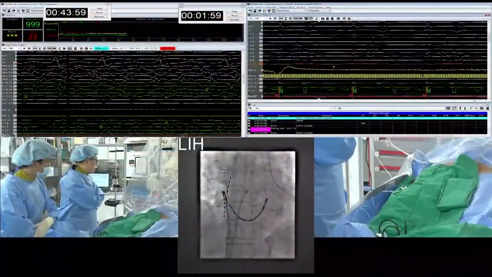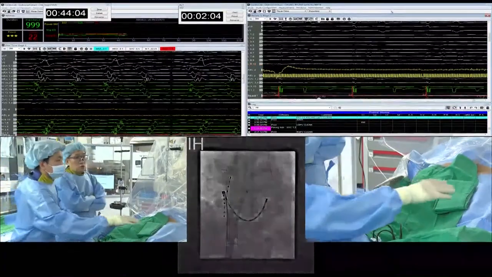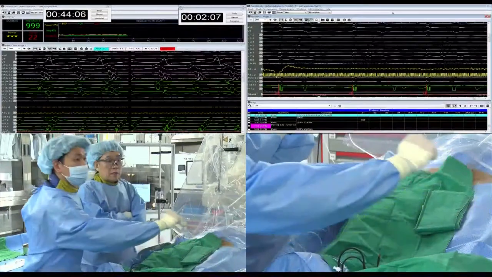And I would like to emphasize the importance of isoproterenol provocation because over 10% of AF triggers come from outside the pulmonary vein.